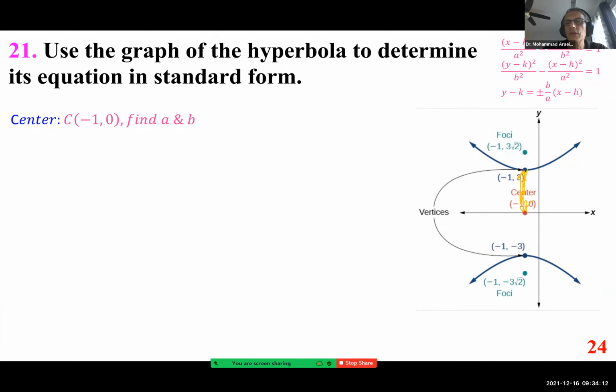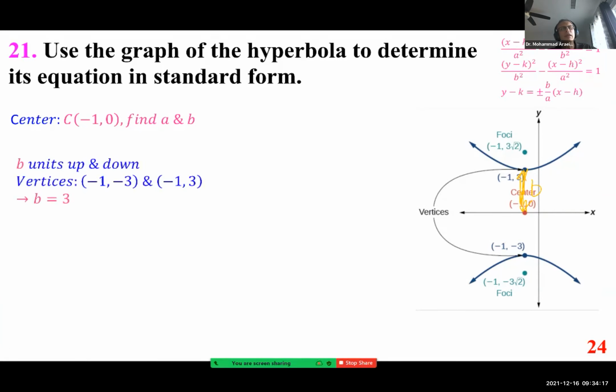From here to here. This is the value of B. And as you can see, we have the vertices and B becomes simply 3, the distance of 3. Okay, so we have B, we need A.